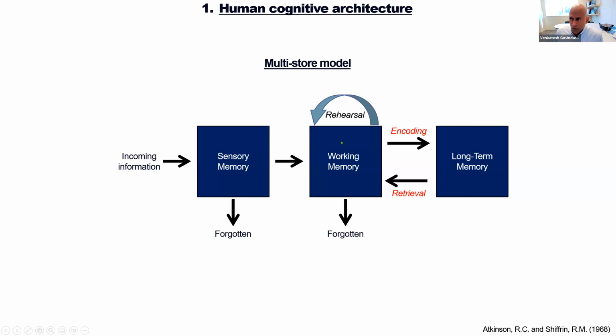Then information is moved to working memory, where information is held by rehearsal. And this too degrades very quickly unless it's moved to long-term memory, where it's stored for a longer period of time. Now here, psychologists use these two terms in a very specific way, encoding for moving information to long-term memory and retrieval for pulling it back into working memory.